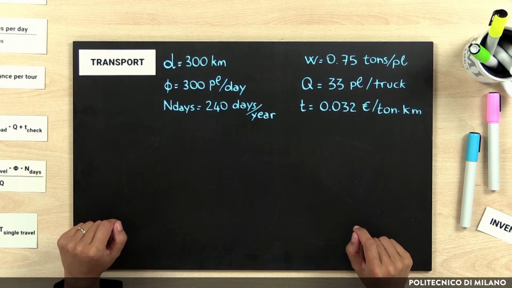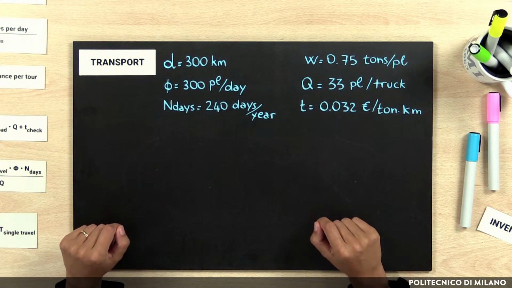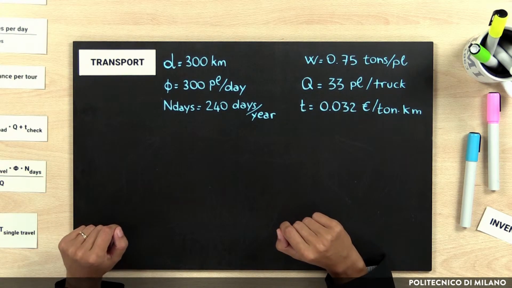In this case, the total transport cost typically depends on the distance, the flow of goods to be moved, and the unit cost. Let's see an example. The distance between the two warehouses is 300 kilometers. On average, we have to move 300 pallet loads per day, and we assume 240 working days per year.